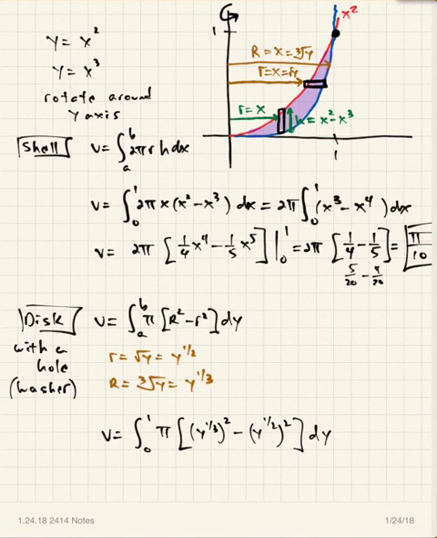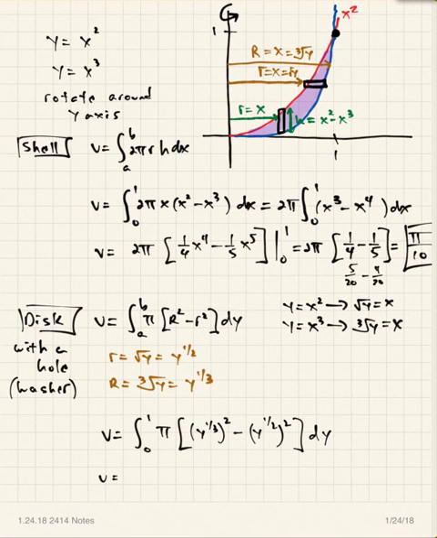And I want to make sure, before I do anything else, remember that the curves were y equals x squared and y equals x cubed. But I had to solve both of those. Little r and big R are both equal to x here, so I had to solve both of these for x. And so that's how I got the square root of y is equal to x right there, and the cube root of y is equal to x on that one. Because you had to solve both of those for x.